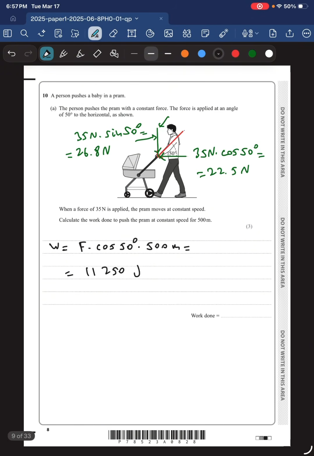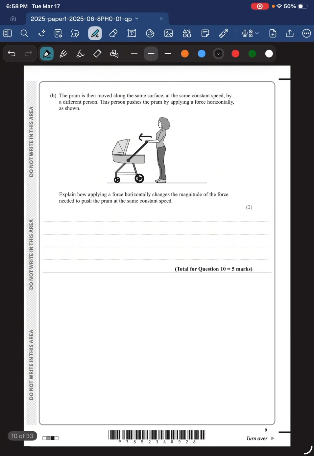We just showed that we only need 22.5 newtons of horizontal force to push the pram by 500 meters at constant speed, whereas this guy uses, sorry, 35 newtons. So this is the answer, I guess.